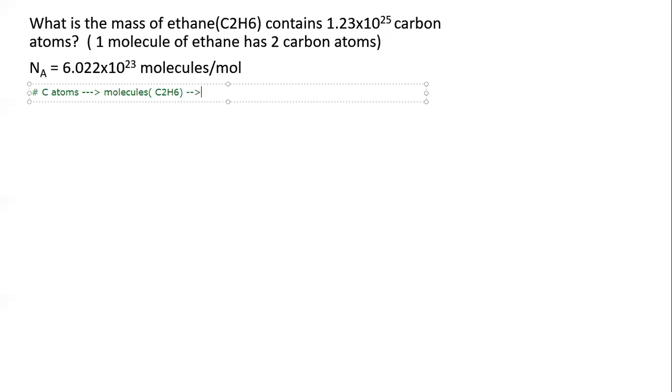Once we have molecules of ethane, we're going to go to moles of ethane, and then mass of ethane. So again, since it told us that there's 2 carbon atoms per molecule of ethane, we can take the number of carbon atoms and convert it to molecules of ethane. And then once we have the molecules of ethane, we can convert it to moles of ethane and then to mass of ethane.